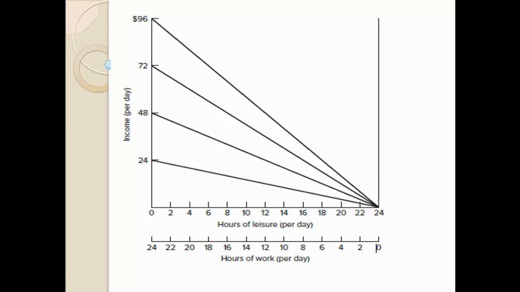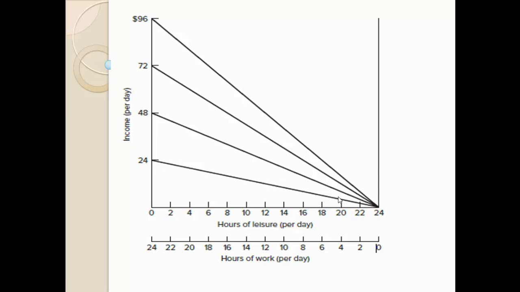We first suppose that the labor works 24 hours and doesn't take any rest, and suppose that the wage rate is $1. So by working 24 hours, he will be at this point 24. And if he doesn't work, meaning he spends all his time in leisure, he will be at this point. By joining these two, we get a budget line. This is the budget line for the labor.